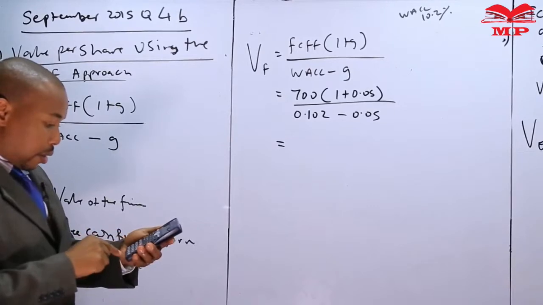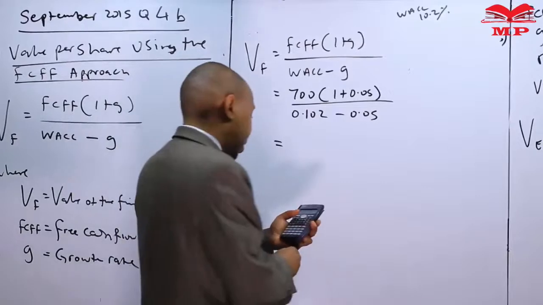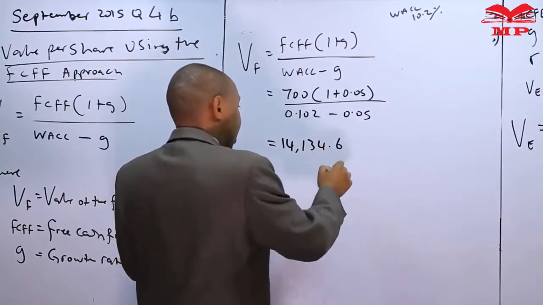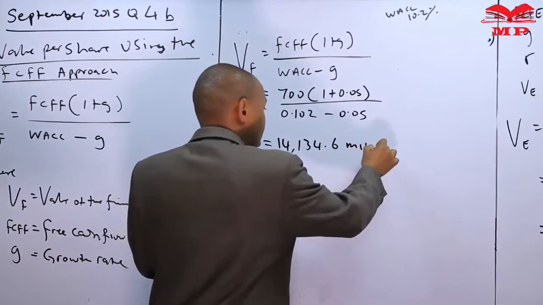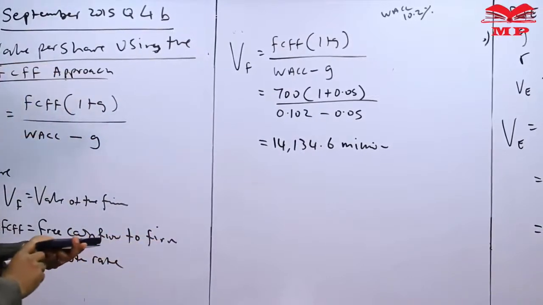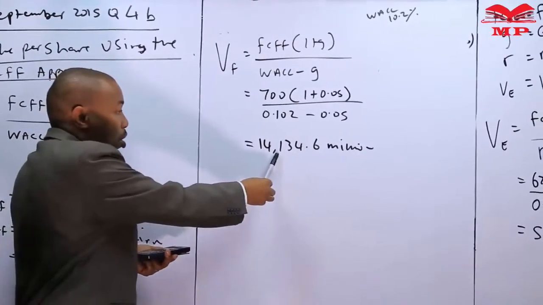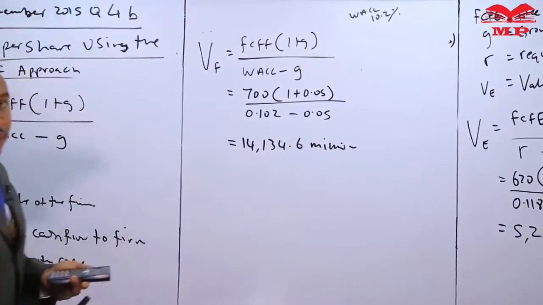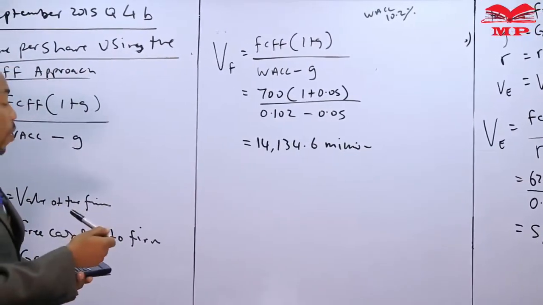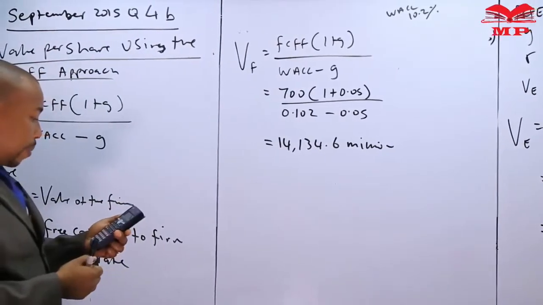We have 14,134.6 million. But since we've been asked for the value per share, we need to exclude the component of debt from this value of the firm. Once we exclude the debt, we get the value of equity. Then we divide it by the number of shares outstanding.